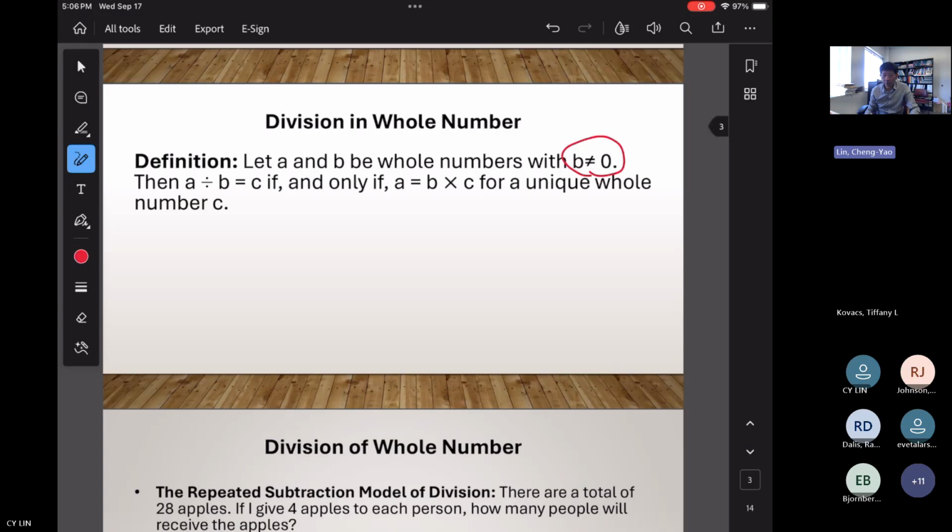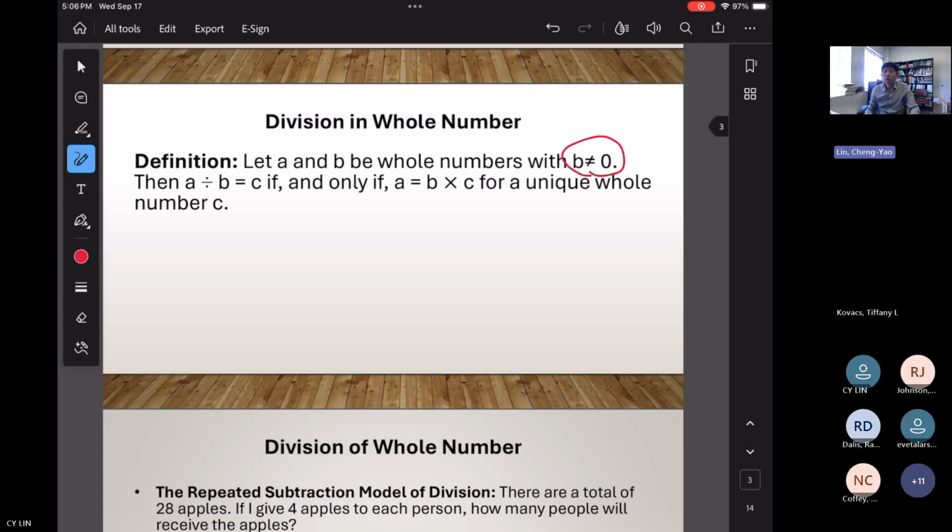And what else? If B is equal to 0, then what happens? It can't be the divisor. You can't divide a whole number by 0, and that means undefined. Yes, we cannot divide by 0.